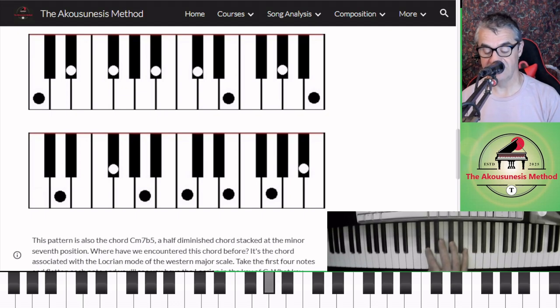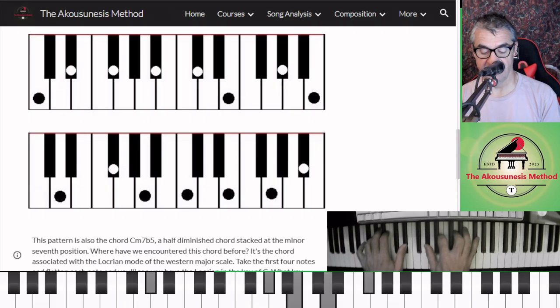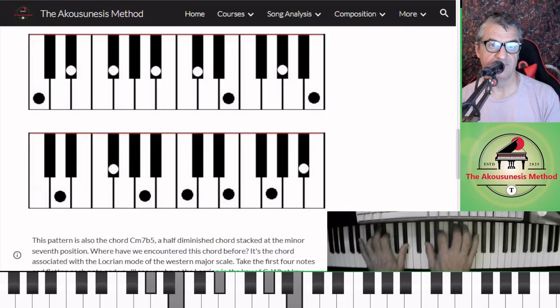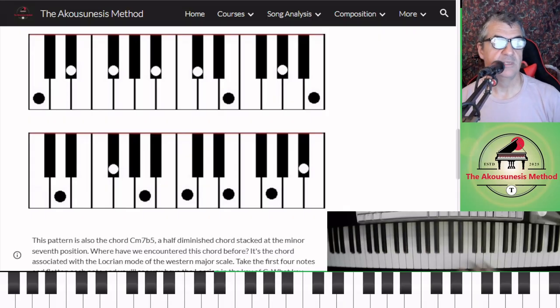That's the Locrian. But in this one, we're just playing a diminished chord there, diminished, with a -7 there. Right? And you just keep on going.